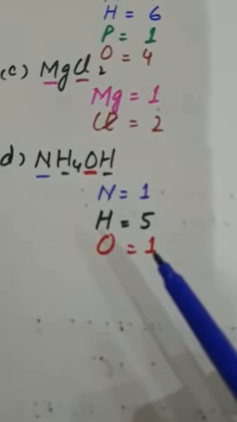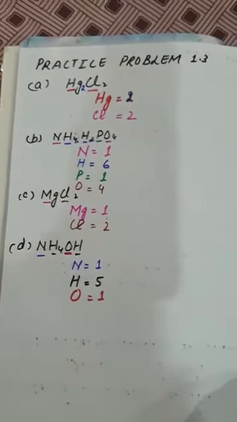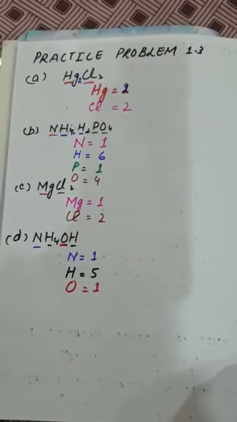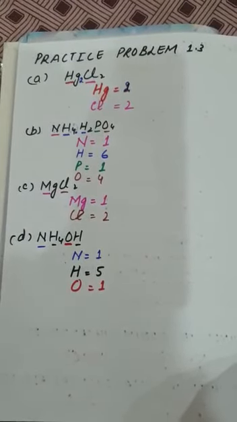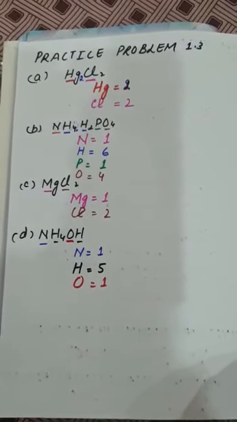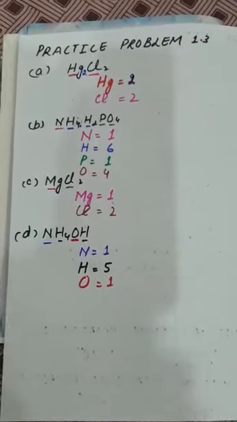Similarly, 1 atom of oxygen is present, so you write 1 with oxygen. So that's all about practice problem 1.3. It's very simple. You can easily write the numbers of atoms present in a formula unit. Thank you.